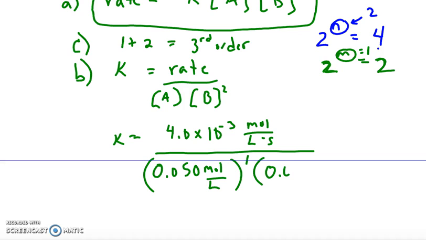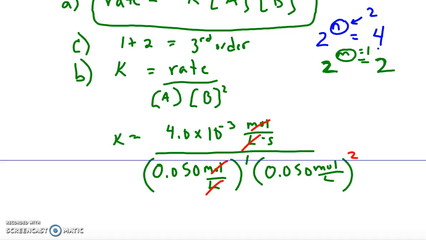Times 0.050 moles per liter. Okay, so what will happen in terms of units? Units definitely get a little goofy here. This mole will cancel with that mole, this liter will cancel with that liter, but that's all that's going to cancel. Of course, I forgot that we need to square that because of that reaction order.